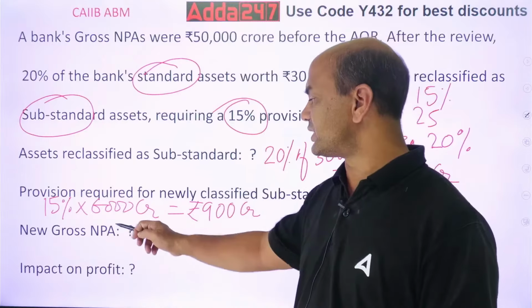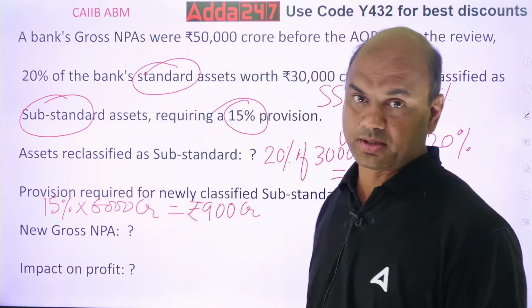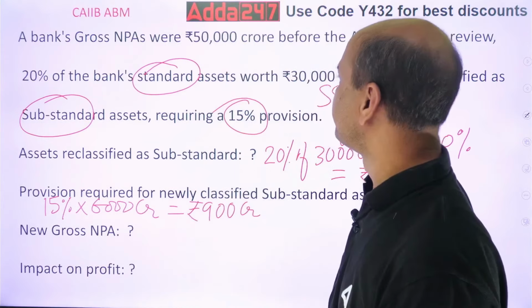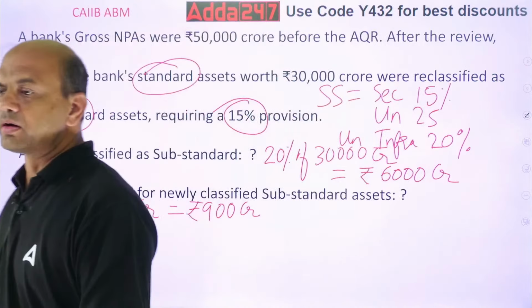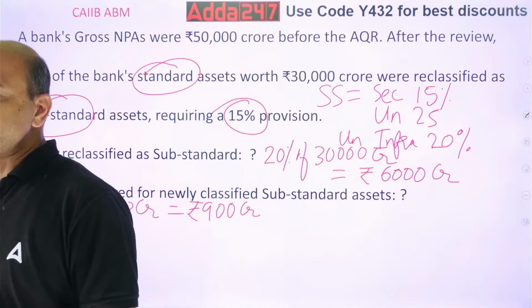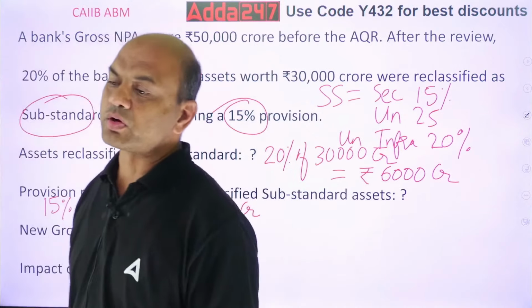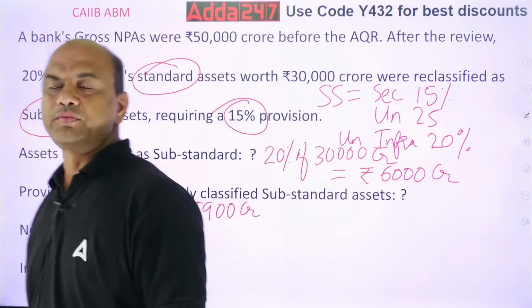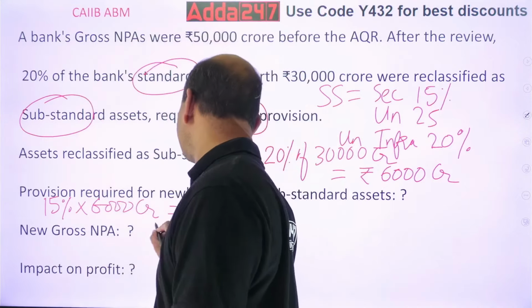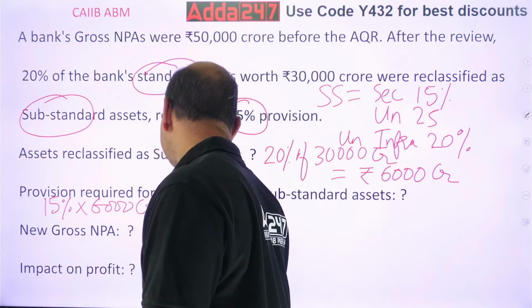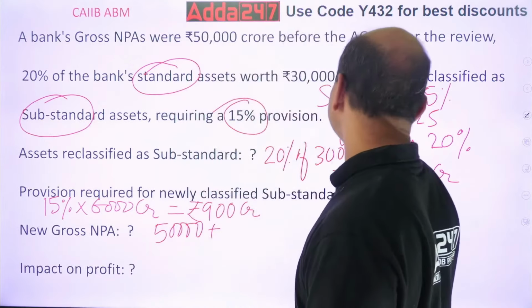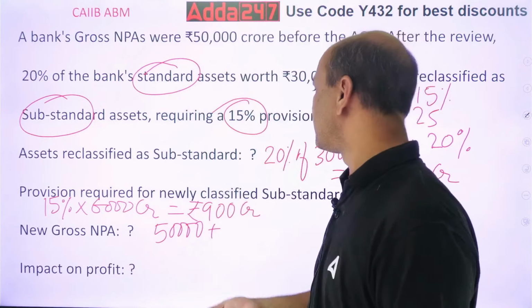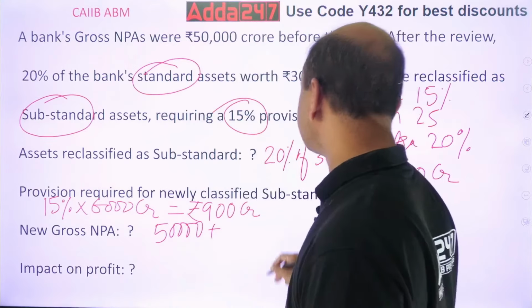What is my gross NPA now? New gross NPA. What was my earlier NPA? My earlier NPA was 50,000, right? So new gross NPA is 50,000 plus my new NPA. Whatever has become substandard is a new NPA. So 6,000.